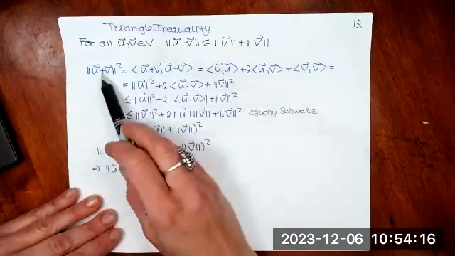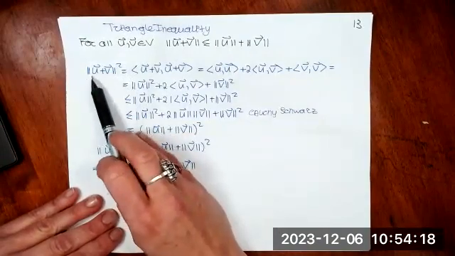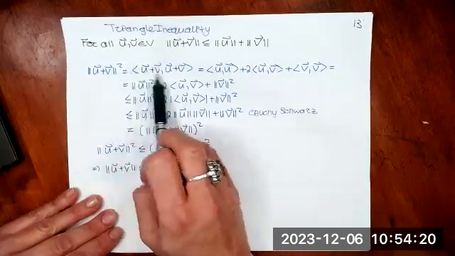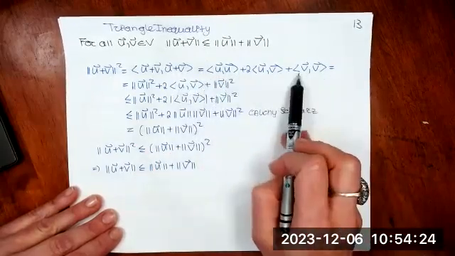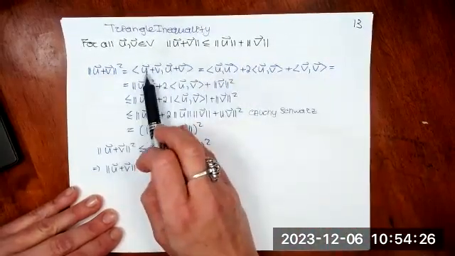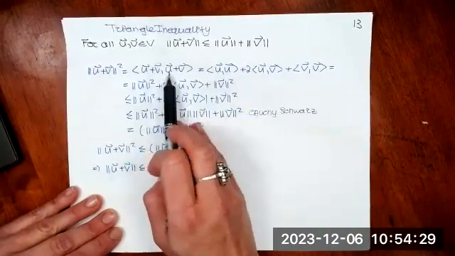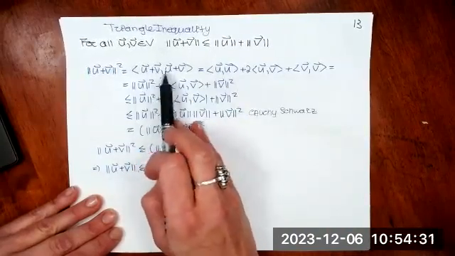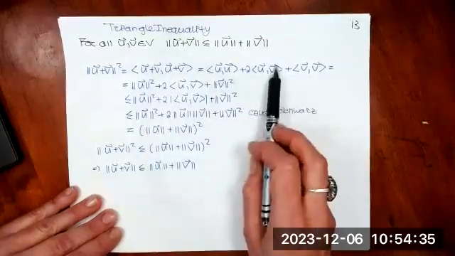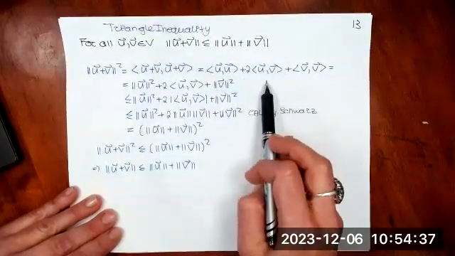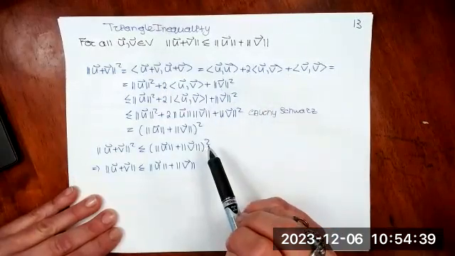If you start with the square of the norm of u plus v, write it as an inner product, then use your distributive property, you'll have u inner product u, plus u inner product v, plus v inner product u, plus v inner product v. Because it's commutative, your mixed terms will be 2 times the inner product of u and v.